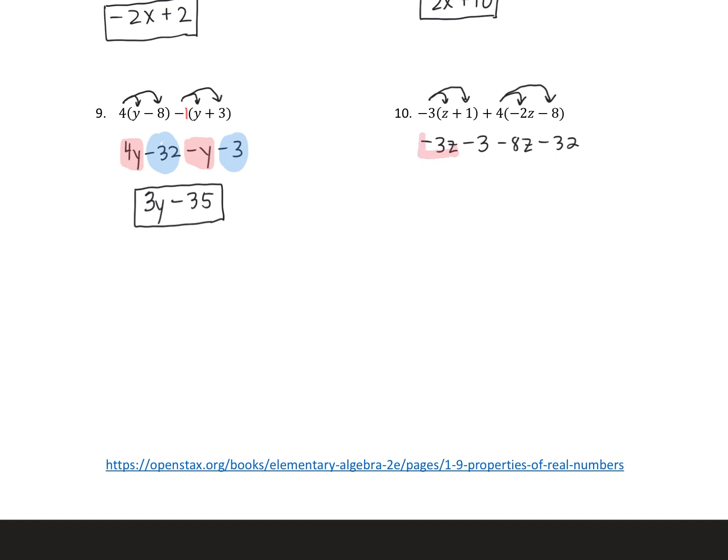So we have a negative 3z and we have a negative 8z. So that will combine to give us negative 11z. And we also have a negative 3 and a negative 32, which is weird because that's exactly the same numbers we had in the previous one. So we'll get negative 35. Those are not like terms, so that will be it.